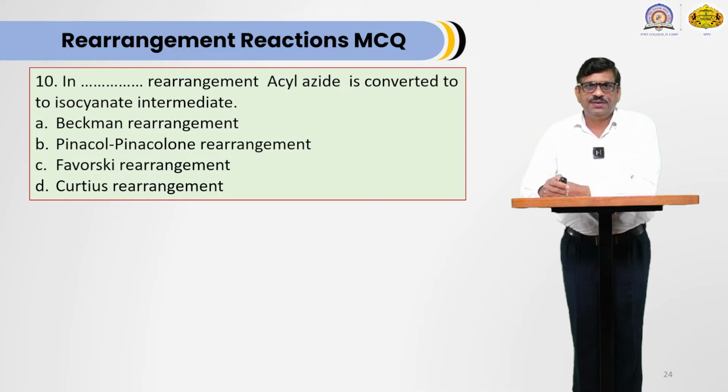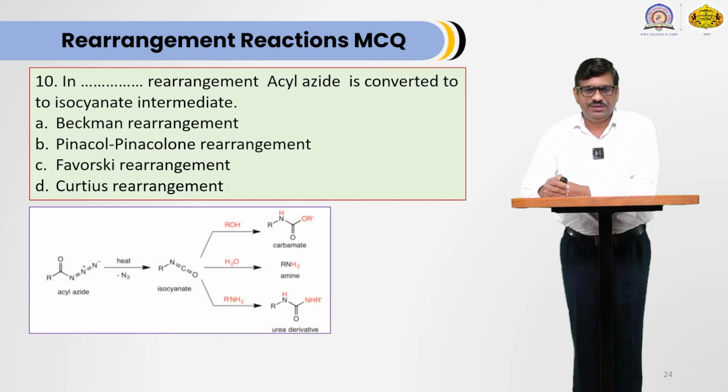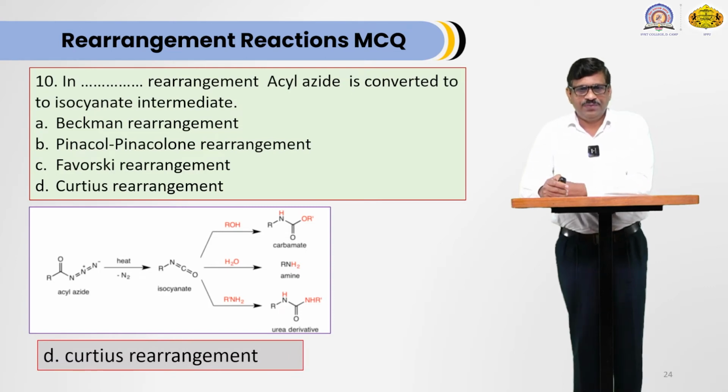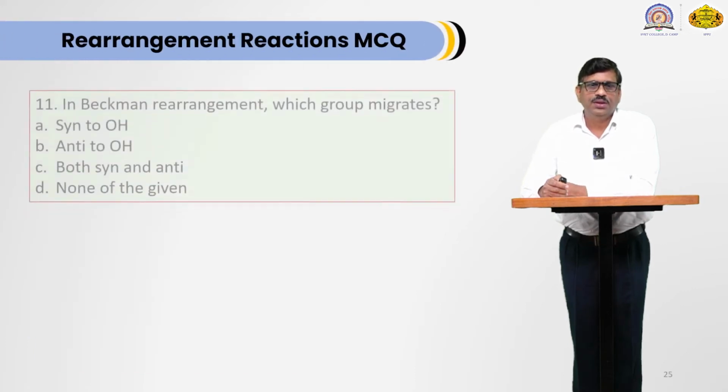And the correct answer, acyl azide is the starting material of Curtius rearrangement. This is the Curtius rearrangement. In Curtius rearrangement, acyl azide is converted to isocyanate, and isocyanate undergoes hydrolysis to produce the corresponding product.